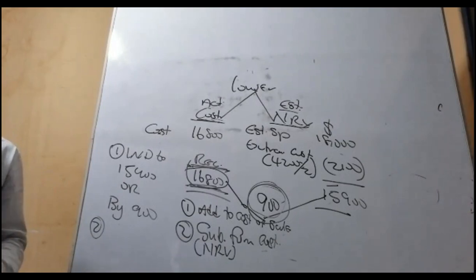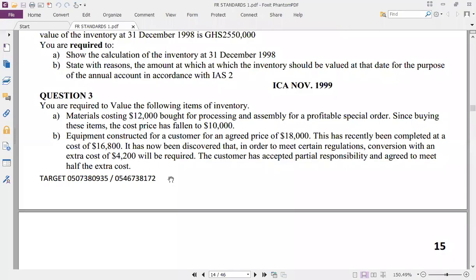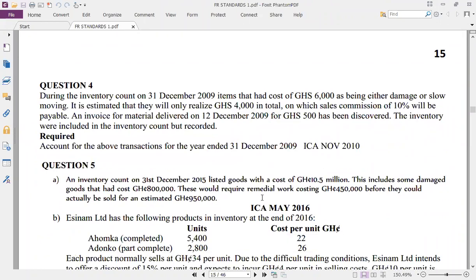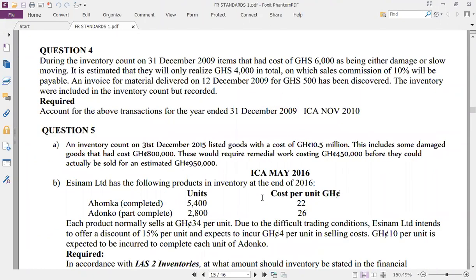Now the next one will be question 5, Question 5A. Start work. That's 2 minutes. Have you seen how it is? You do more to understand.